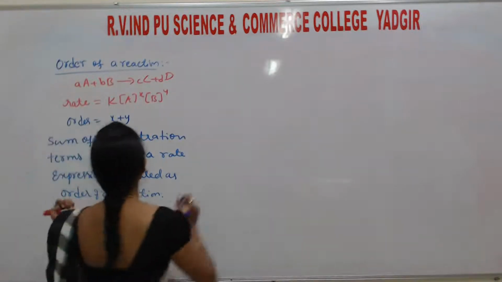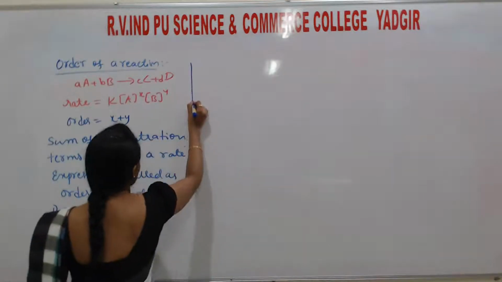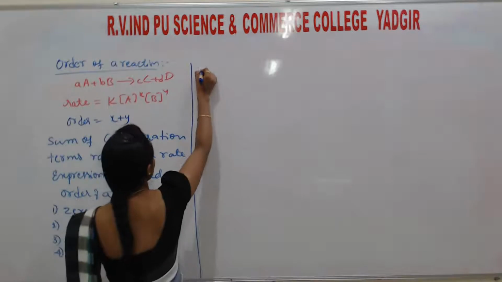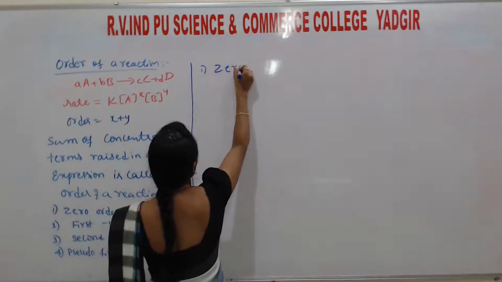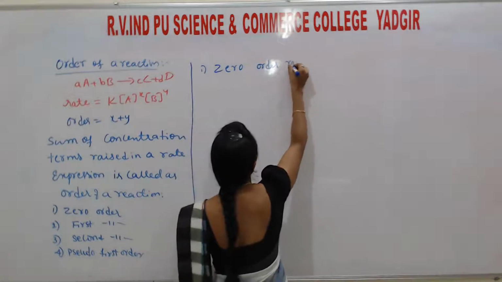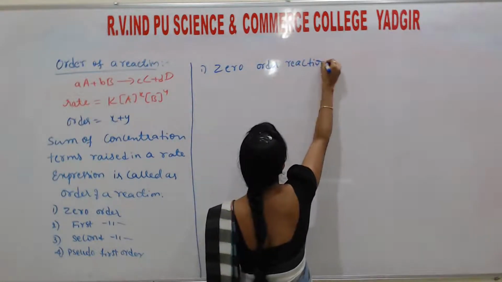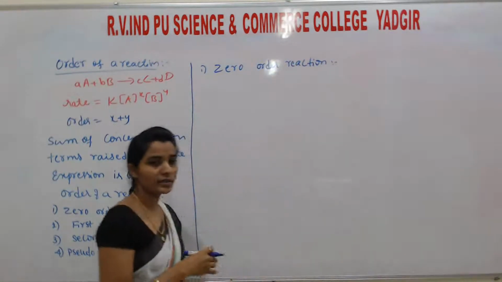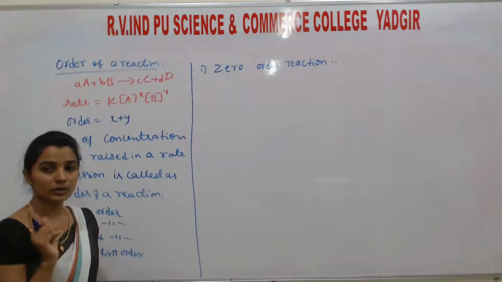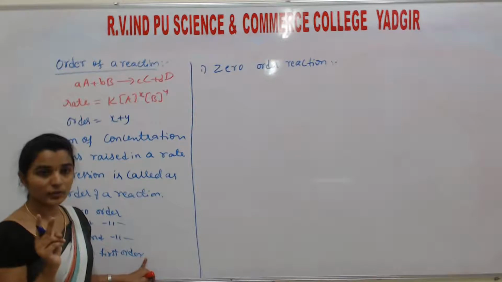Okay, students? So what is zero order reaction? Okay? So first one is zero order reaction. This is important for 2 marks. All these reactions with the example and the definition is equal to how much marks? 2 marks. 2 marks important.